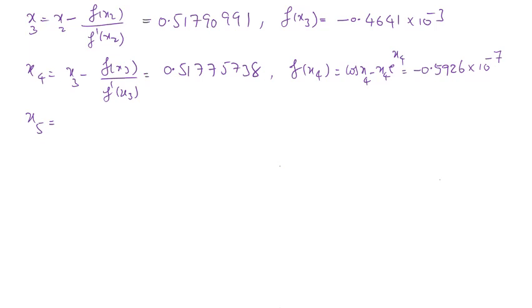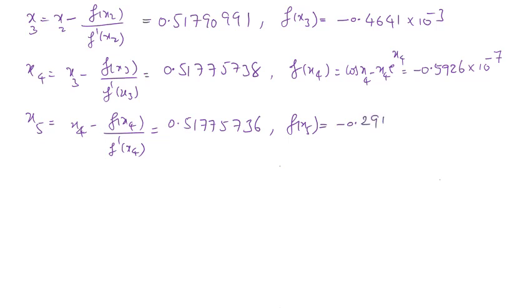And x5 is x4 minus f of x4 by f dash x4. This value is 0.51775736, and f of x5, if I calculate, is minus 2.2910 into 10 power minus 10.